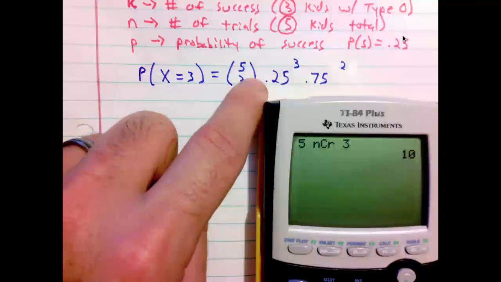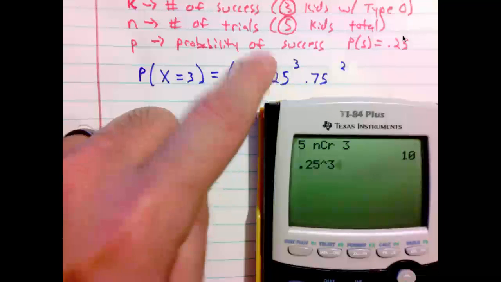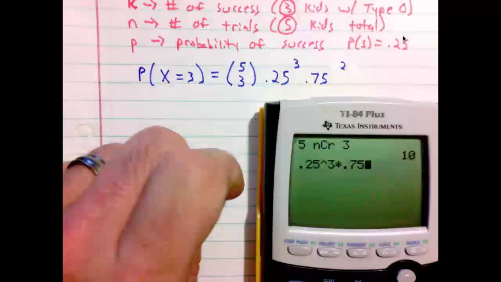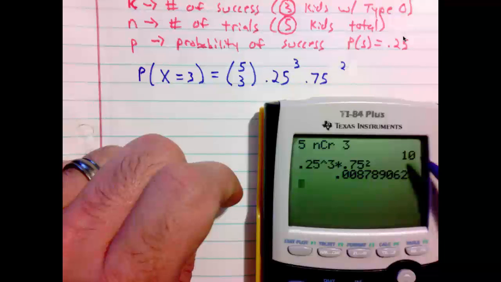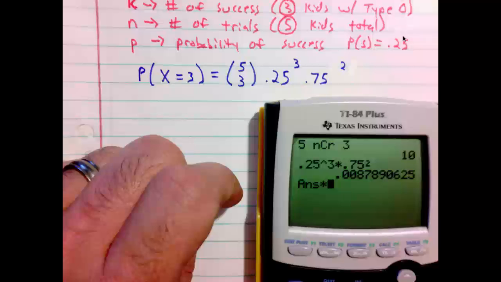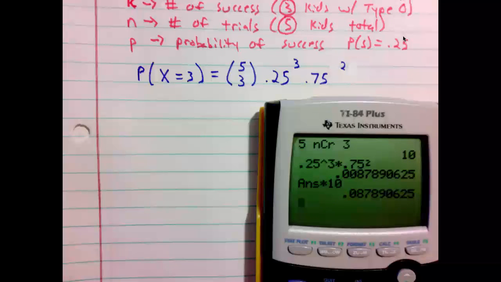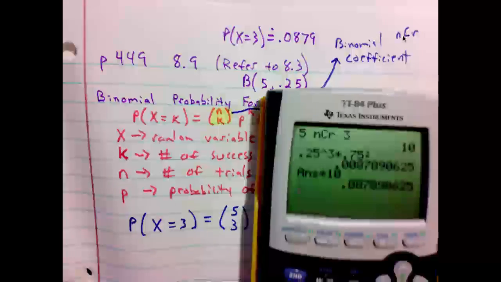Now we need 0.25 to the third power times 0.75 squared. Now we want to multiply this result by that one, so I'll simply hit times 10. And there you see, it's 0.08789, which is exactly what we found previously.